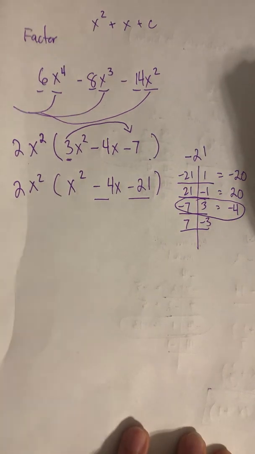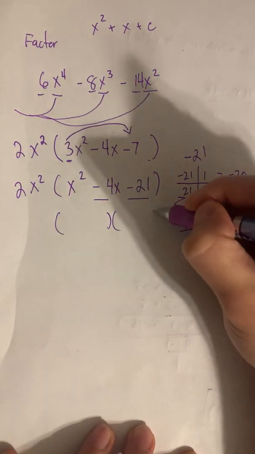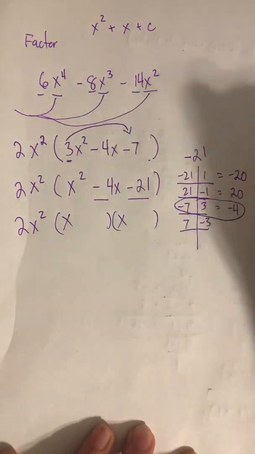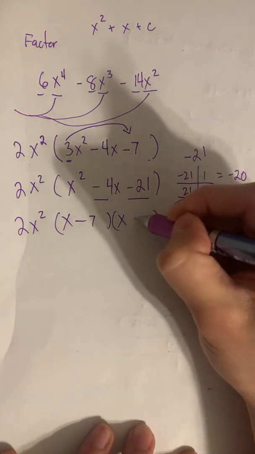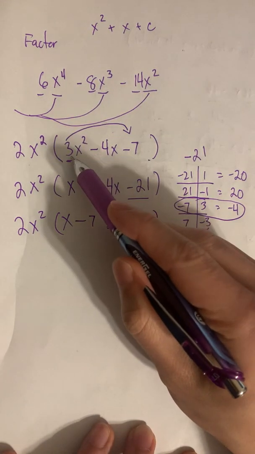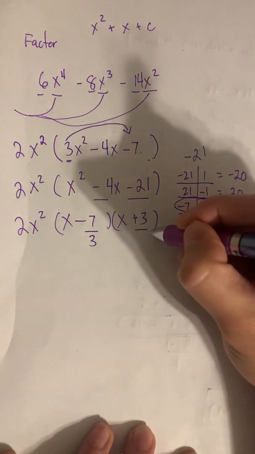So let's go ahead and make the brackets here for the factors. Just bring this down. So put the x's in front and then put our matching pair in. So minus 7 and plus 3. But we're not done. Remember, bottoms up method, we multiplied by 3 in the beginning. We have to divide by 3 at the end.